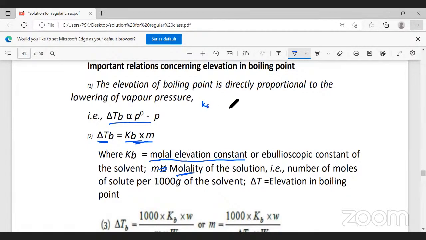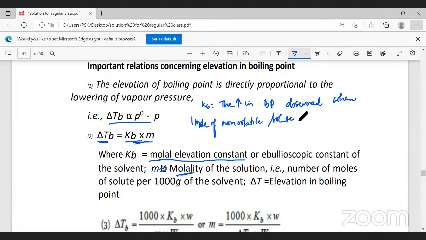What is this molal elevation constant? The increase in boiling point observed when 1 mole of non-volatile solute is added to 1 kg of the solvent.